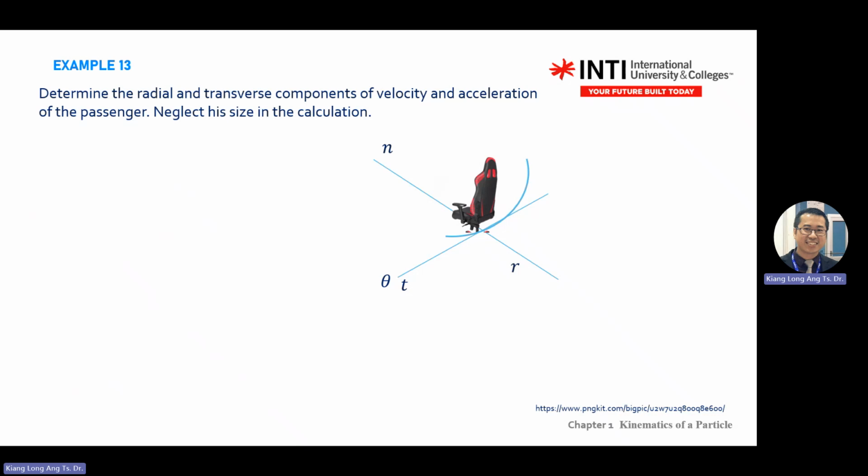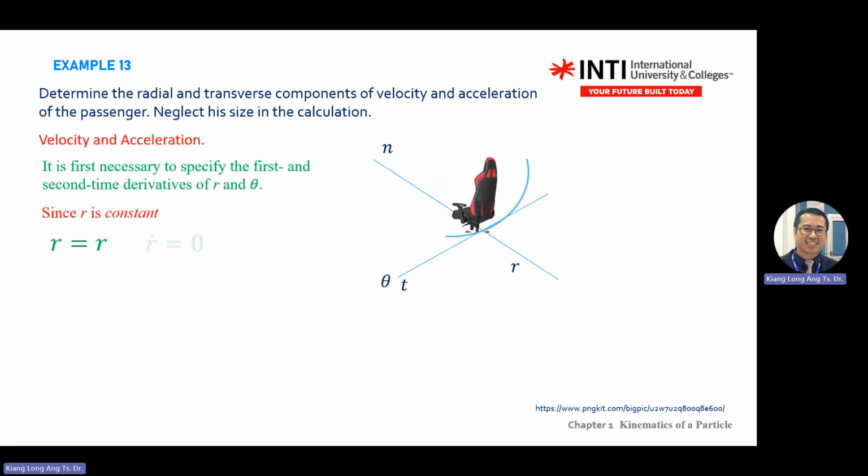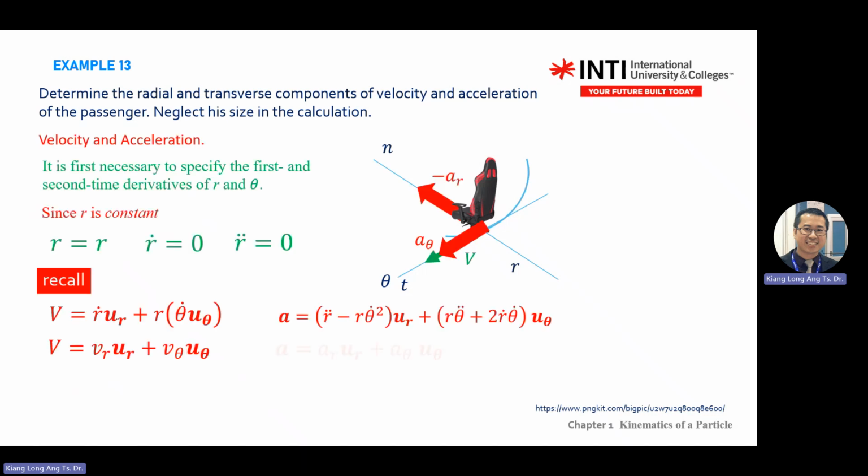It is the rate of change of this chair in the r direction. So if you understand this one, you can do questions with values. You just substitute the value or equation, you differentiate, you substitute inside. Then you get the final answer. Important is you understand where is positive, where is negative.